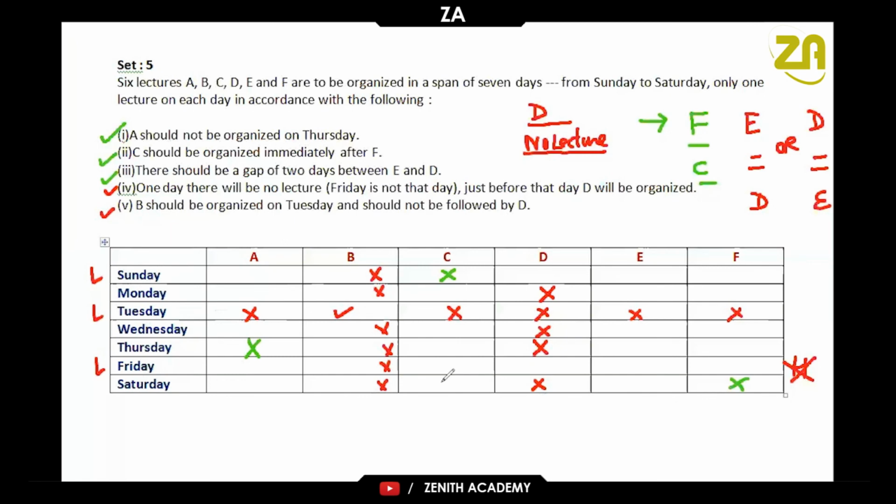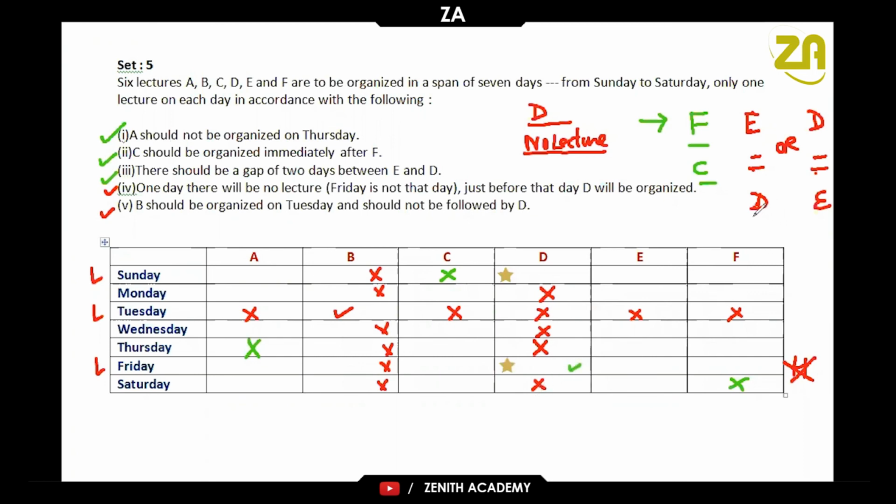Now, E and D, these two lectures, either in this order, E dash dash D or D dash dash E. Correct? Look here. Now, lecture D is possible on Sunday or Friday. Let us take lecture D on Friday.